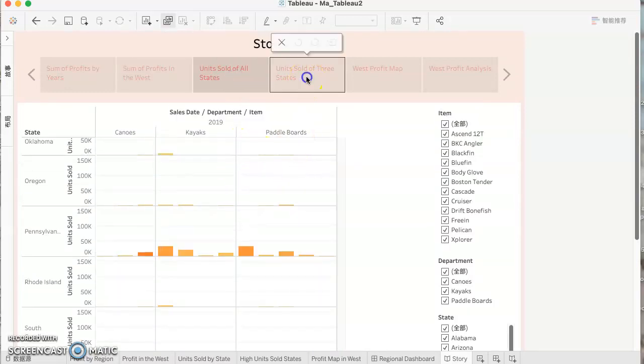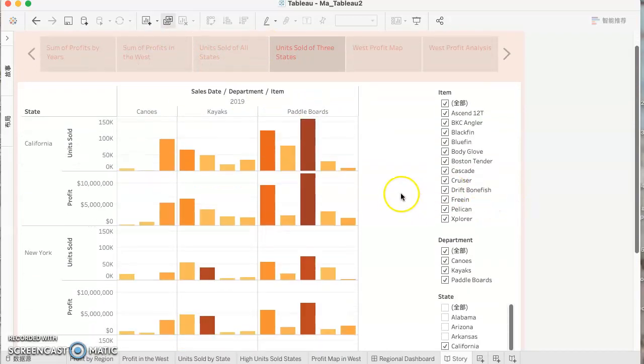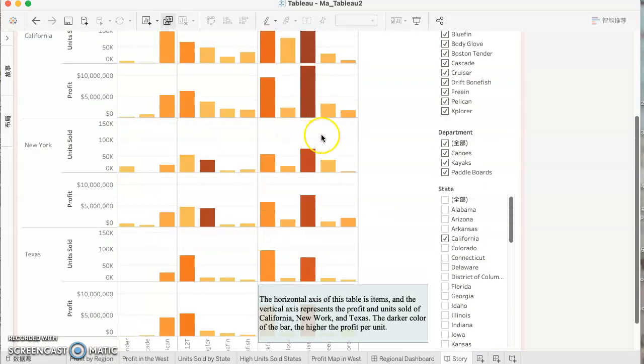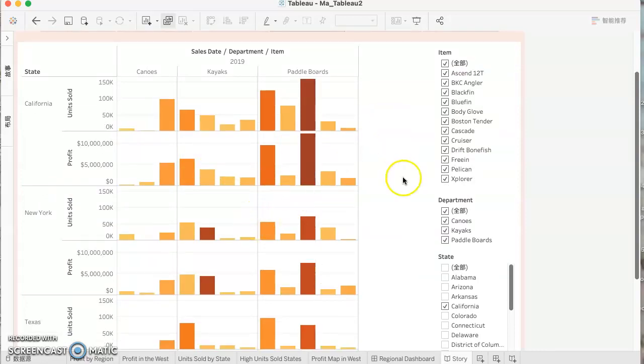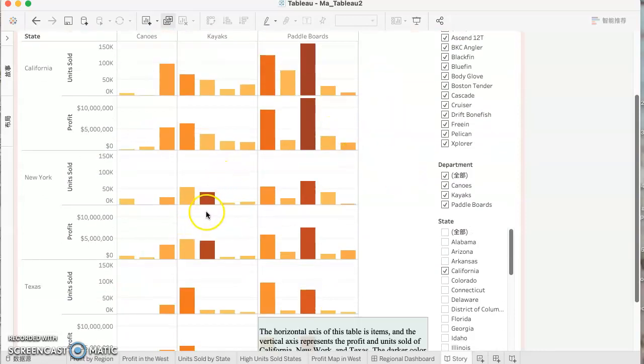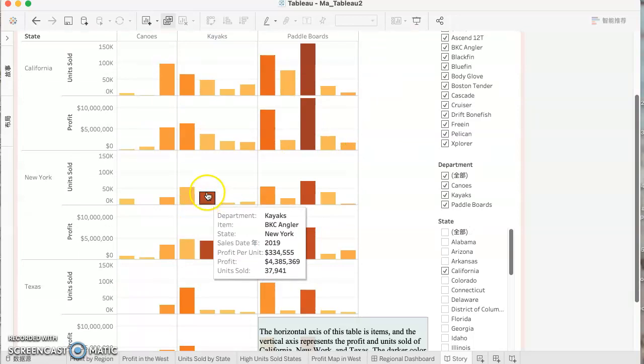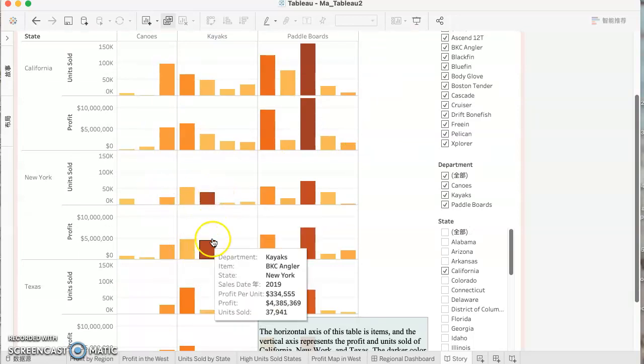What I found out from all these charts is that I think the company needs to increase the profit per unit to increase the total profit of the whole company. It's really obvious to see a low units sold but high profit.